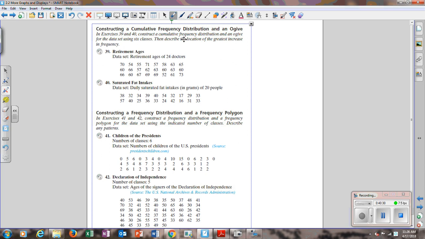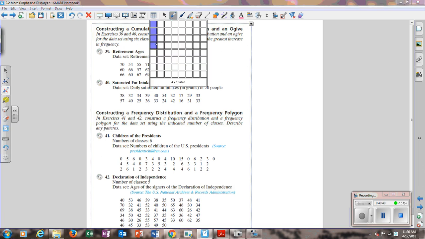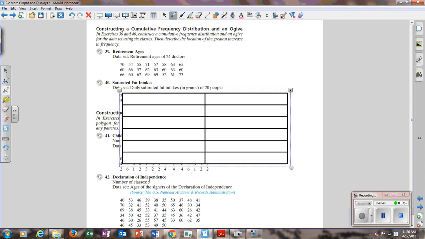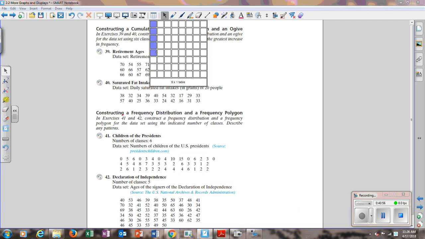Alright. Construct a cumulative frequency distribution and an ogive for the data set using 6 classes. So we have 6 classes. Should have made this 3 columns.